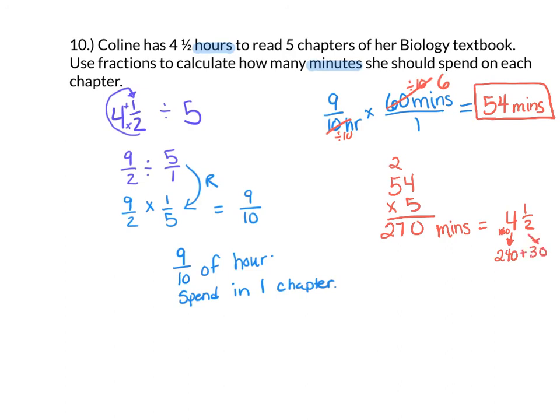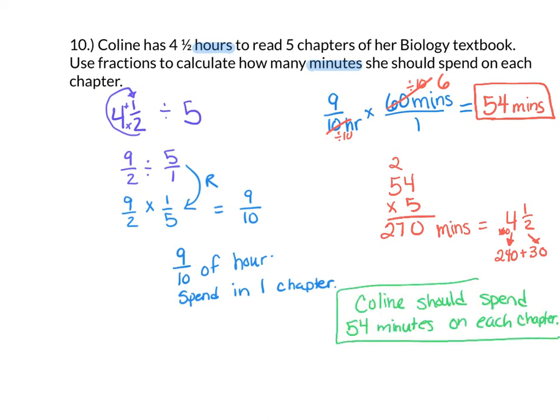That would give me 270 minutes. So that means that Colleen should read each chapter for 54 minutes. So I put that Colleen should spend 54 minutes on each chapter.